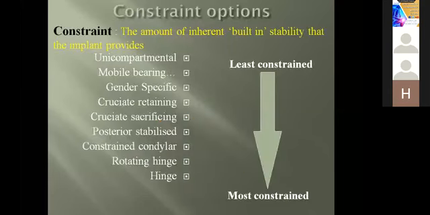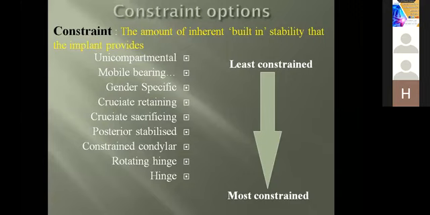The constraint options is the amount of inherent built-in stability that the implant provides. The least constraint is the unicompartmental, that's to say you have to have good collaterals, good cruciates, good soft tissue coverage, so that you need minimal inherent stability in the implant and maximal stability of the soft tissues.